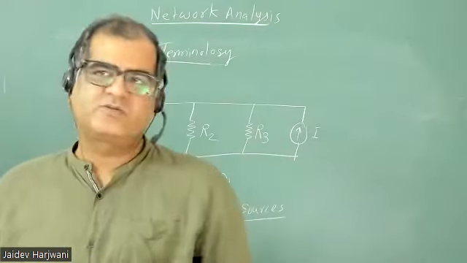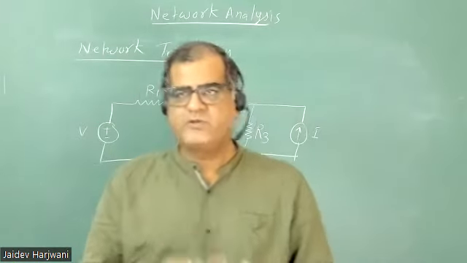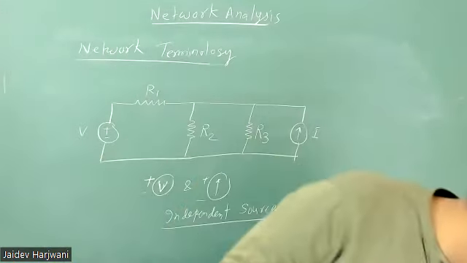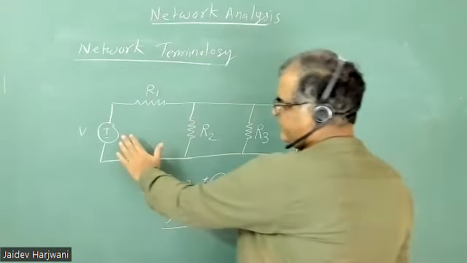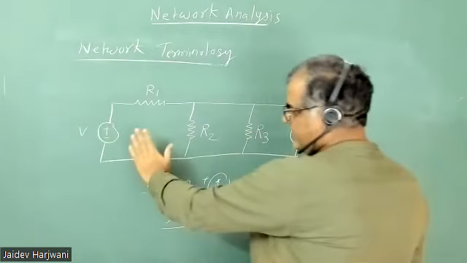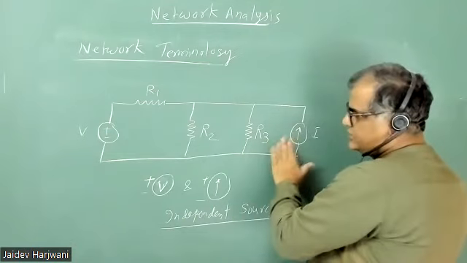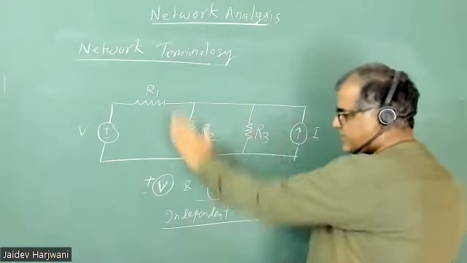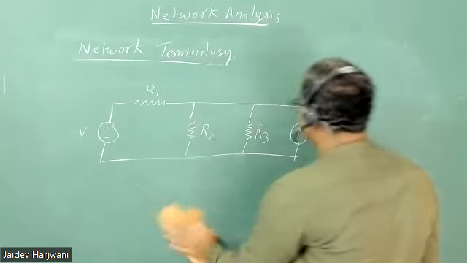We'll come to that in a later part of this course. Here I'm only going to discuss simple voltage and current sources which are independent, whose values do not change with the circuit.